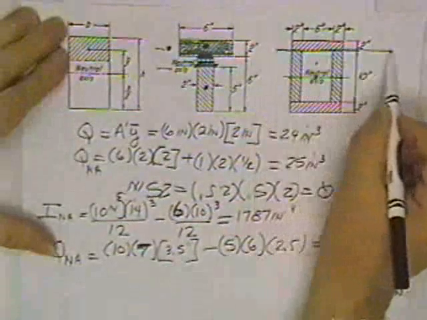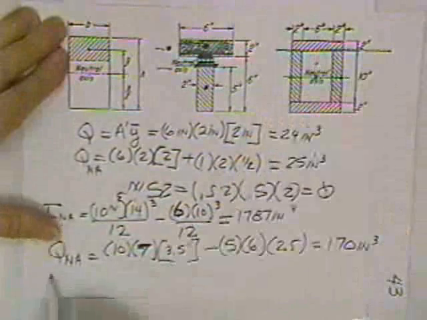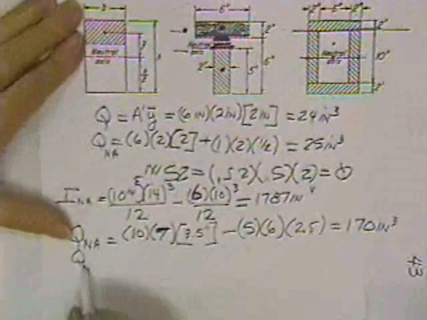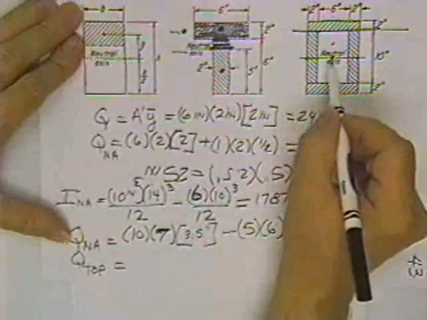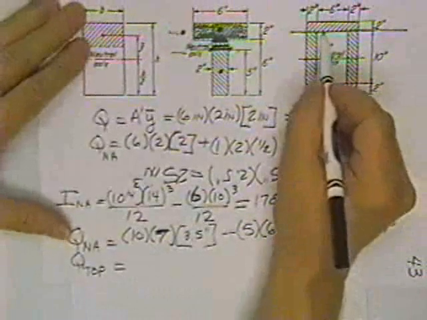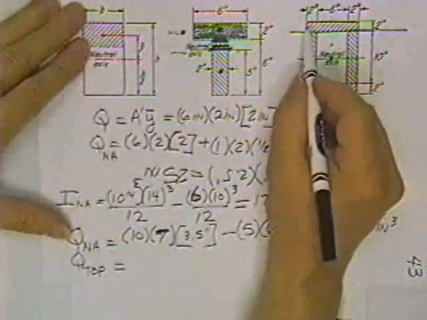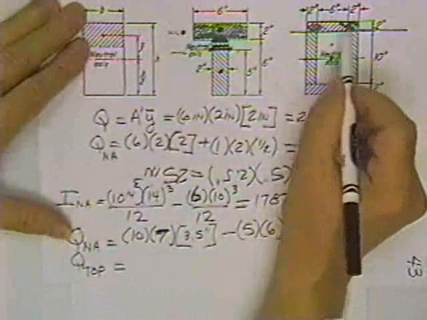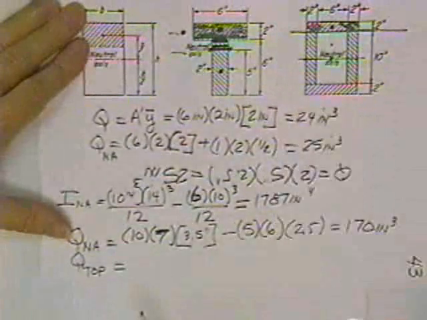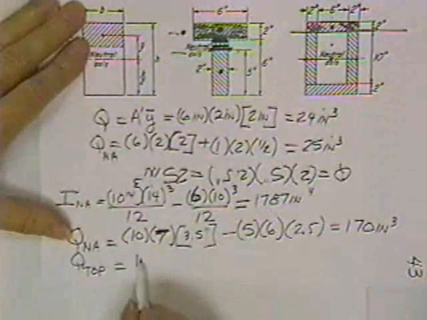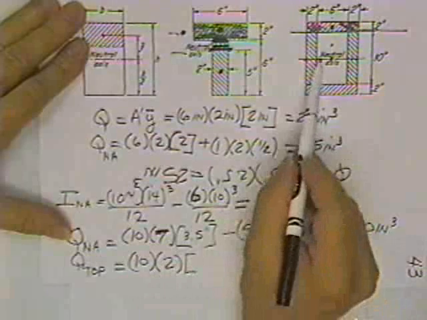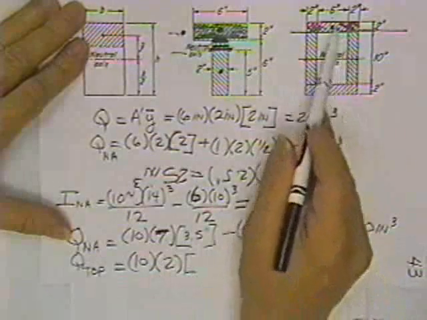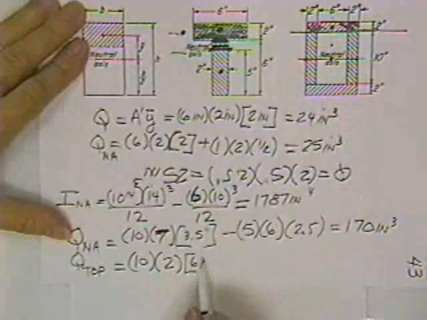If you'd like to know this guy's Q for the top, put your hand on the neutral axis, go to where the boss wants the shear stress, crosshatch everything above that line, and put its centroid. Q is equal to 10 wide, 2 deep. The distance to the centroid is 5 plus 1, that's 6.